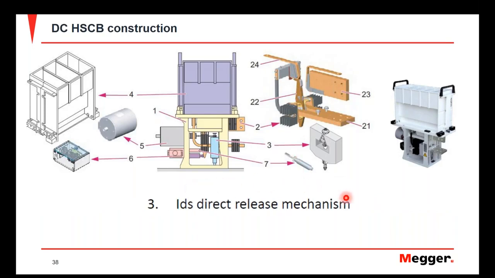The direct release mechanism, or the IDS as it's often referred to, is the device that controls the trip function of the style of breakers. We're going to talk here in a minute how that operates and what it does whenever this mechanism functions. These style of breakers have a deionizing chamber or an arc chute similar to other low voltage breakers.